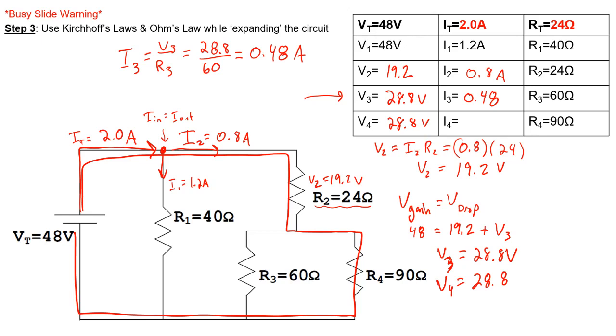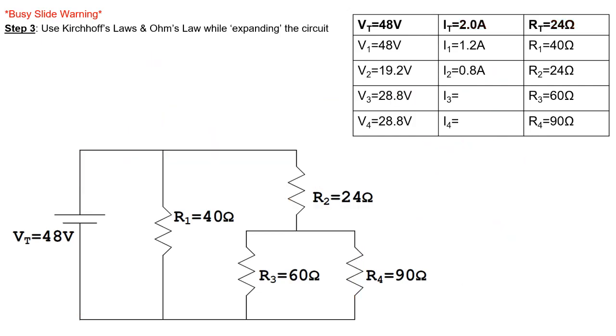Lastly, if we think of our junction rule, sorry guys, I'm just going to skip to another slide here and show this as current coming into this junction. That is our current 2, or I2.